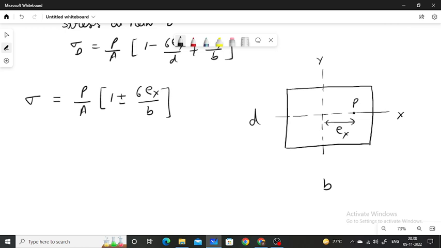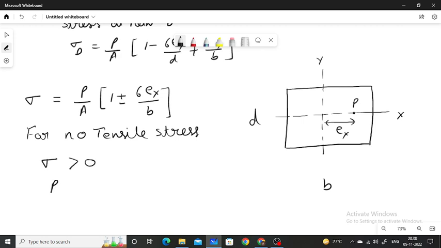So, for the safe working of the column, it is desirable that this total stress will be greater than 0 for no tensile stress. Sigma is greater than or equal to 0.